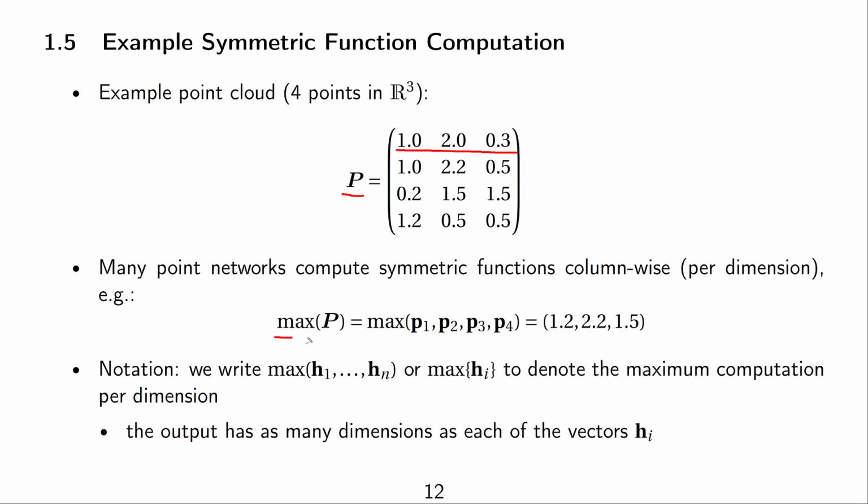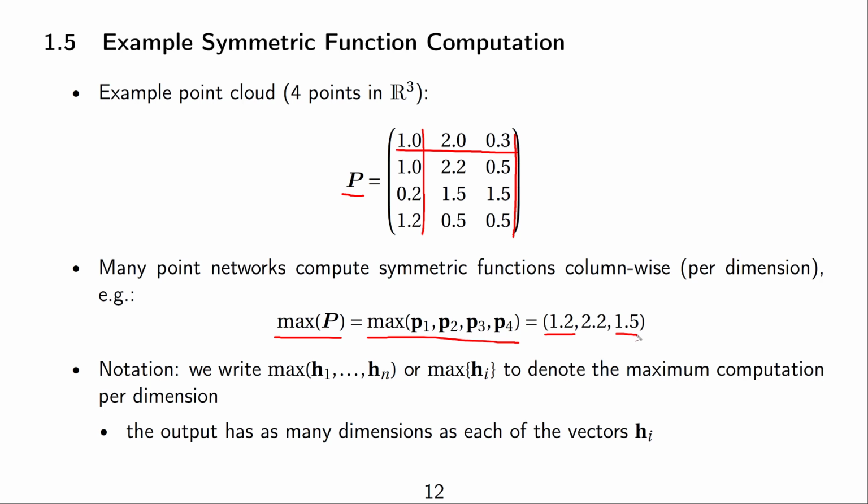So, for example, if you see some notation in a paper, max P, or max P1, P2, P3, P4, where P1 to P4 are the points, then we would expect a column-wise maximum. So let's go back to our matrix here. So we would go down this column, 1, 1, 0.2, 1.2. So the first value is 1.2. And let's look at the last column, 0.3, 0.5, 1.5, 0.5. So here we have the maximum, 1.5.